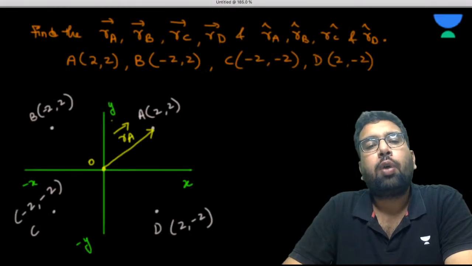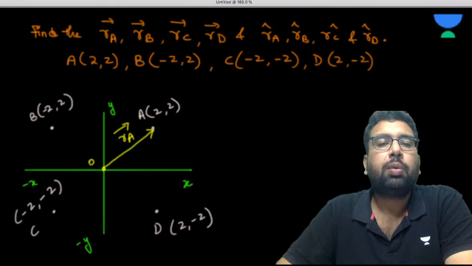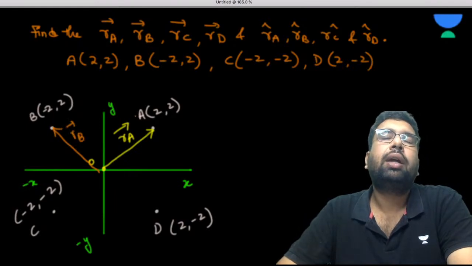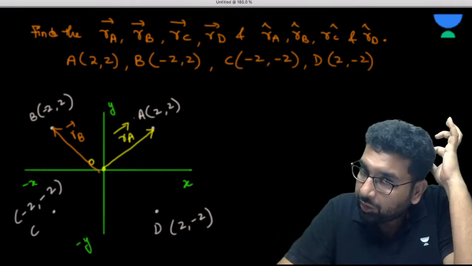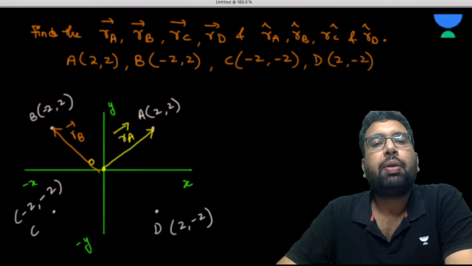Similarly for B, this is going to be R B. The position vector is the vector you get by joining the origin to that point directly. So this is going to be your R B vector.